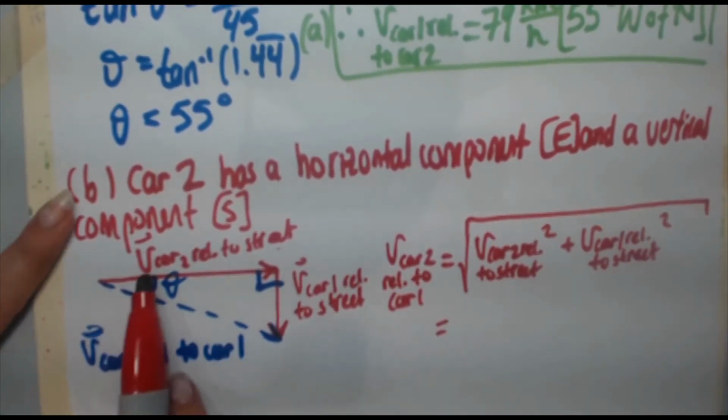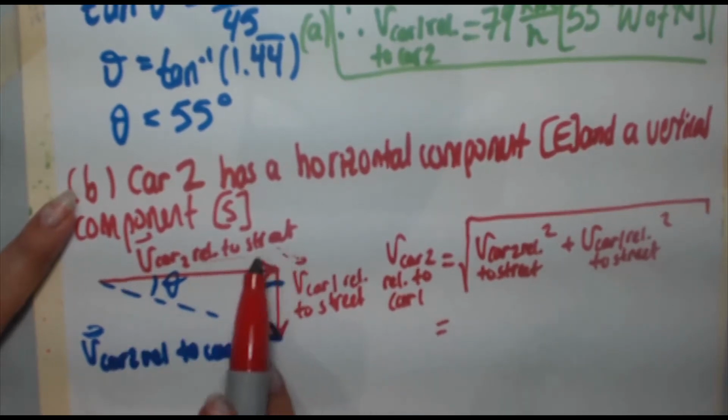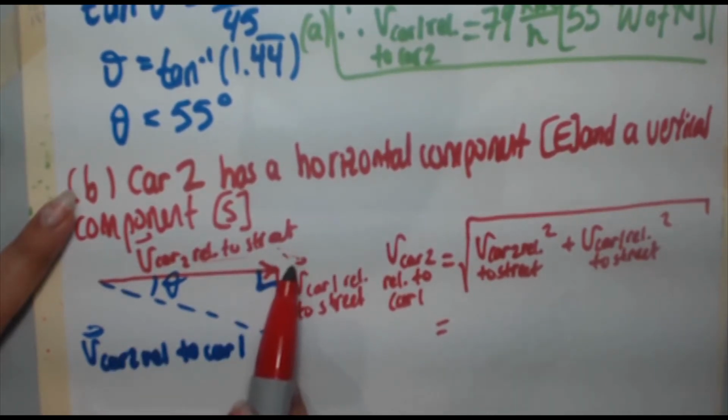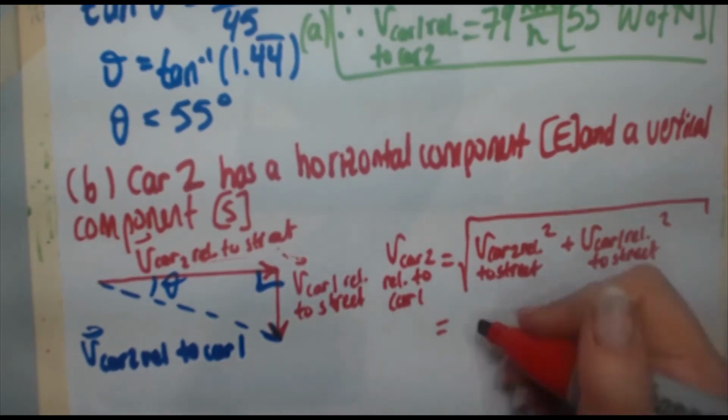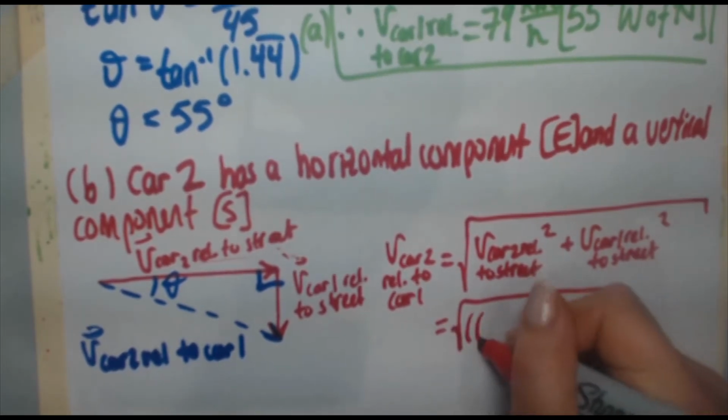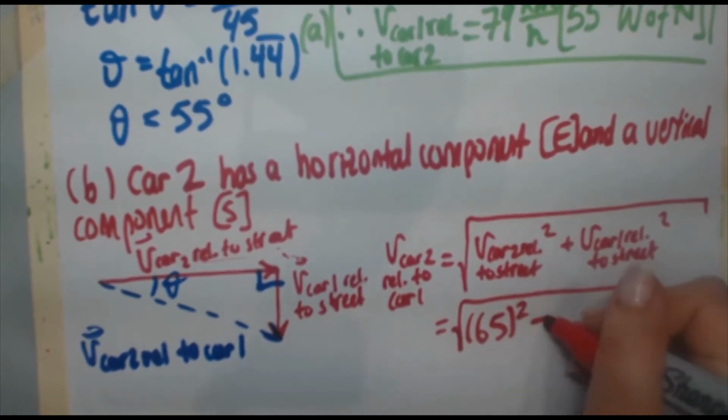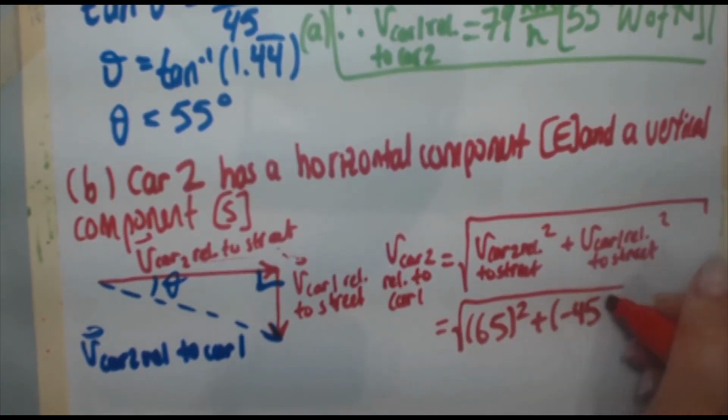Okay, so car 2 relative to the street is going to be positive 65 because it's going in the positive direction. As per the velocity of car 1, it's going in a negative direction as per our original setup for directions. Okay, so this is going to be equal to the square root of positive 65 squared plus negative 45 squared.